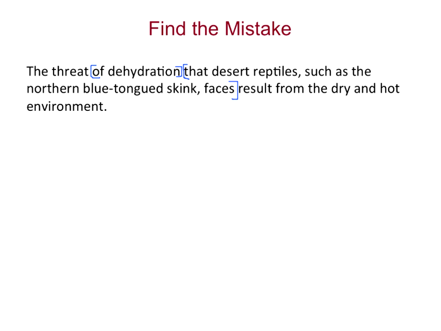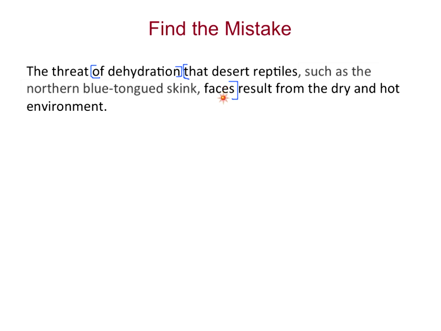So what I did here was I nested a bunch of modifiers. And I tossed in, are you getting a theme here? I tossed in something in the middle so that you would get distracted, just like that last one did with the two hyphen thingy, and maybe miss that desert reptiles should go with face. They should both be plural.